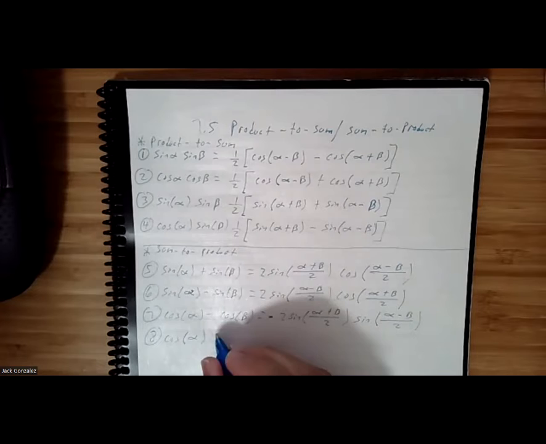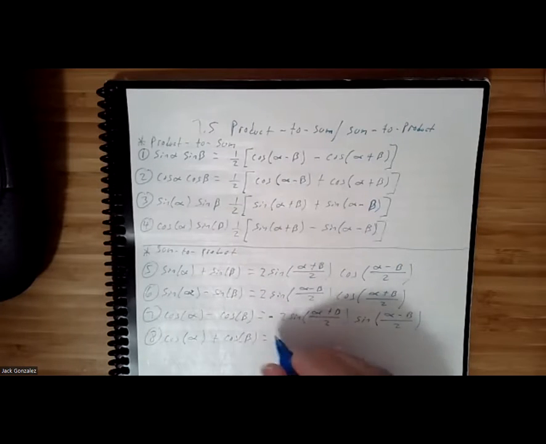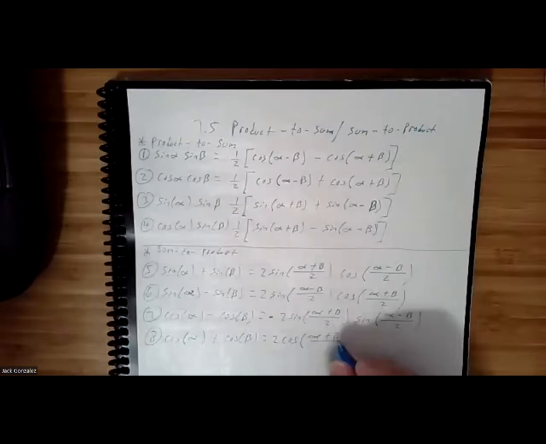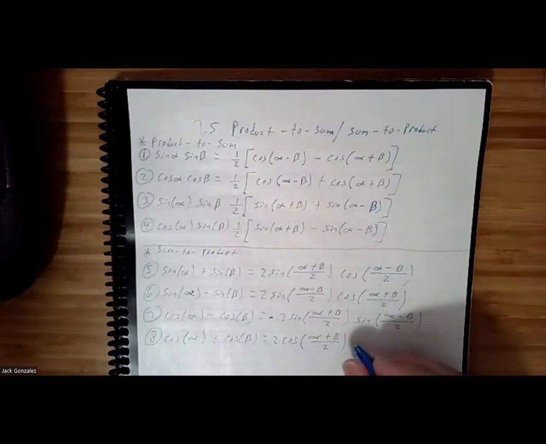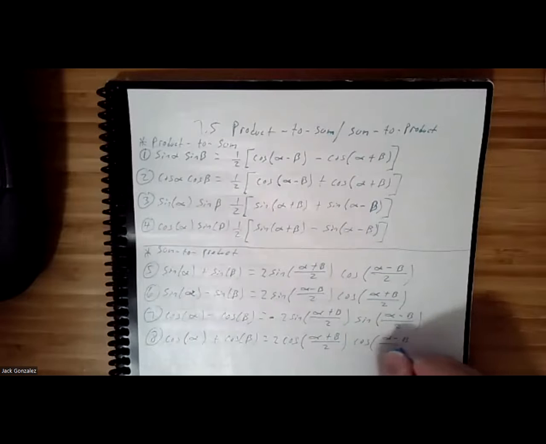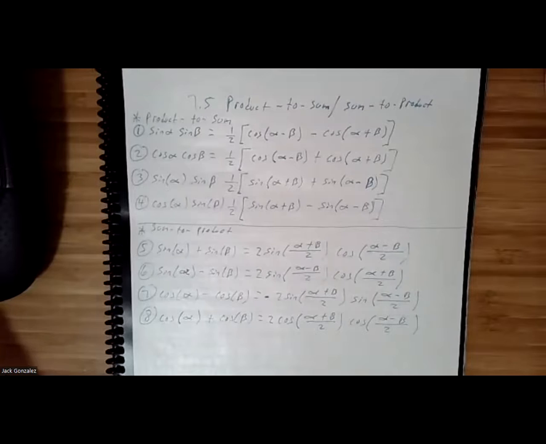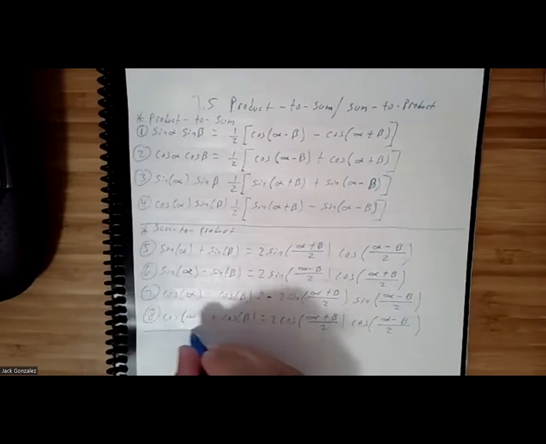Cosine alpha plus cosine beta is equal to 2 cosine alpha plus beta over 2 times cosine alpha minus beta over 2. Okay, that's most of them. Still got another set though, sadly.